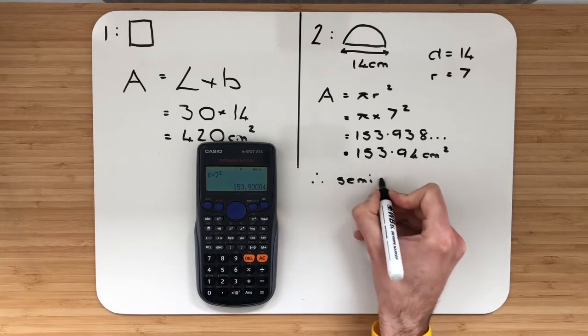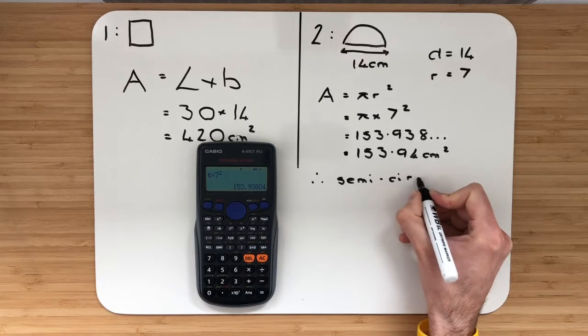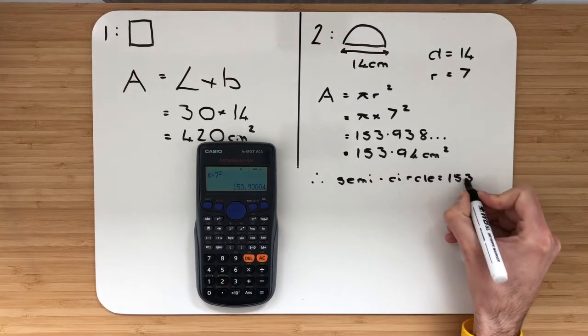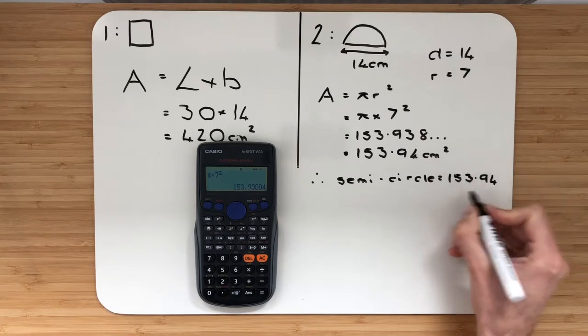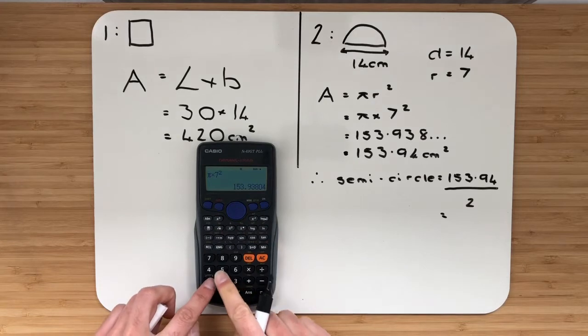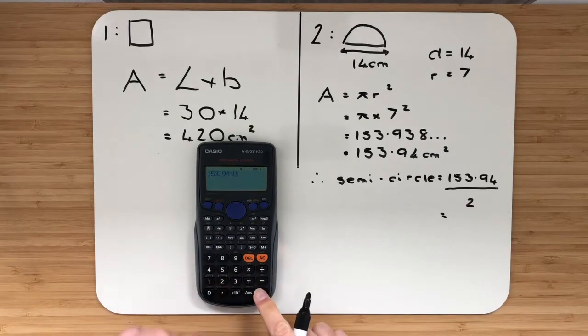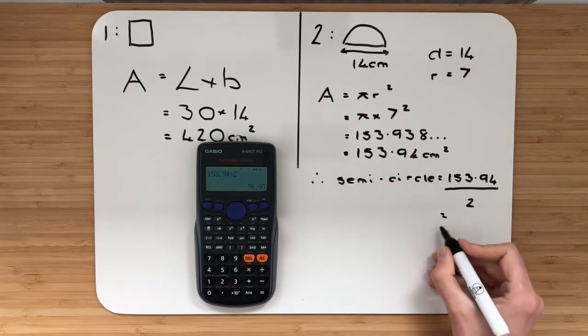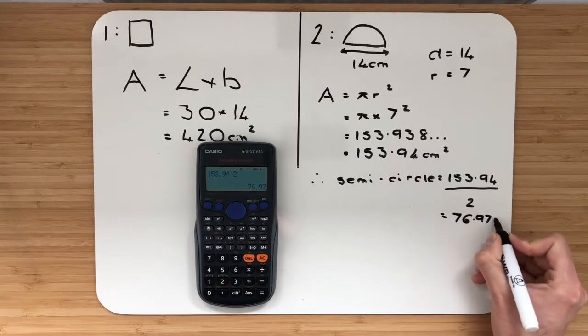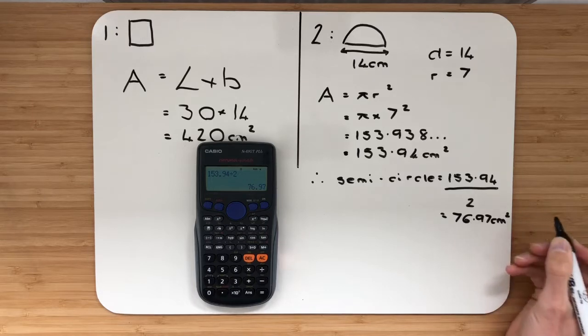Now that's the full circle, so therefore the semicircle is equal to 153.94 all divided by 2, which gives me 76.97 square centimetres.